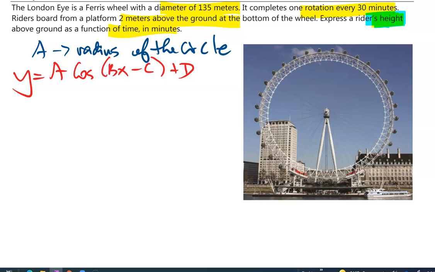Since a is the radius and the diameter is 135, half of that is 67.5.